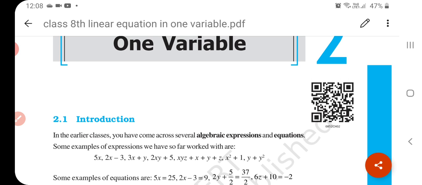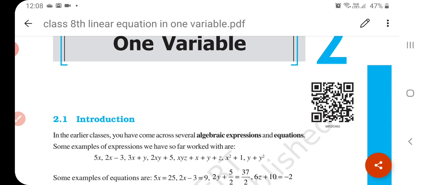So linear equation is the simple equation which you studied in the earlier classes. An algebraic equation is an equality involving variable. It has an equality sign.